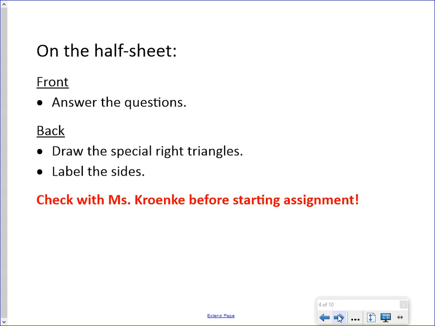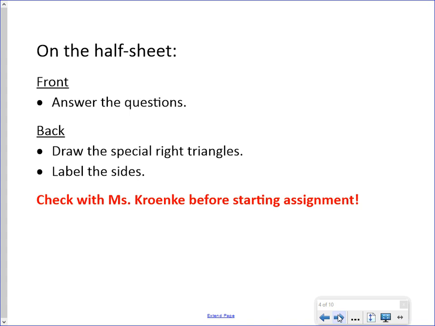On the back side, it's blank, and if you're going to tape down both things, then don't write on the back, write below your notes or something like that. But I want you to also draw the special right triangles. Those are what triangles? 45-45-90, 30-60-90, and then label the sides for each of those.